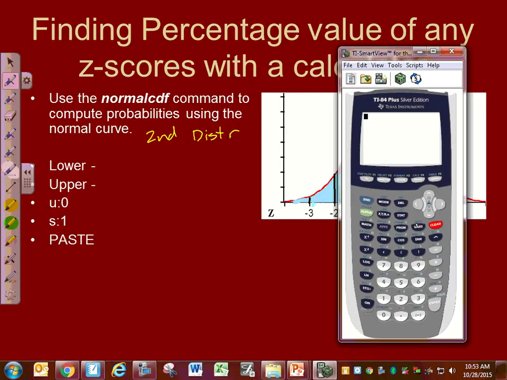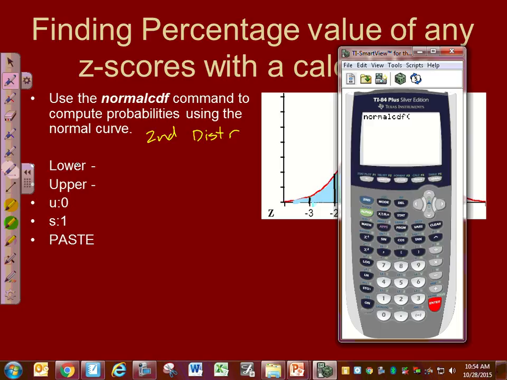Above VARS, DISTR. And I go second DISTR, and then I see number 2 is normal CDF. Okay? Now either it pops up like this, or this shows up on our calculator. Well, what we put here on our calculator is the lower z-score and the upper z-score.